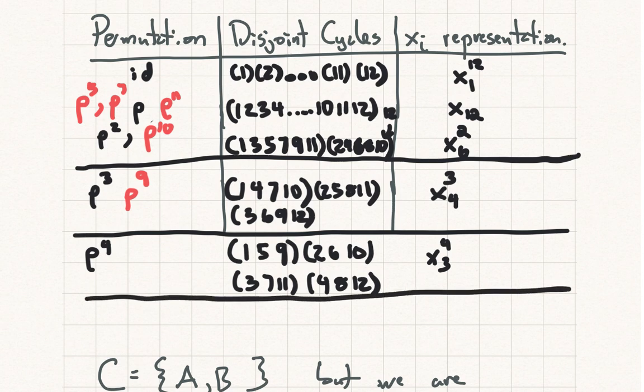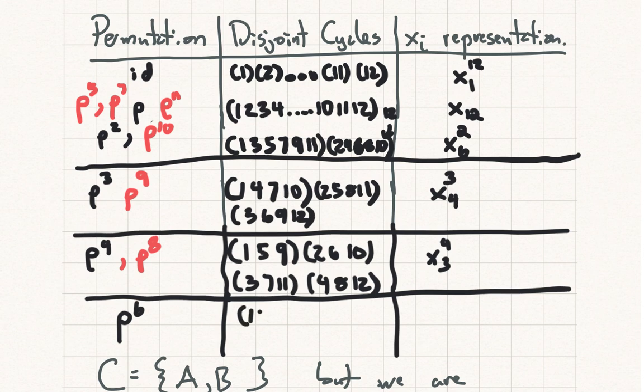And the other one that behaves like that, you can check again with similar logic to the ones above, is rho to the 8th, with x3 to the 4th. And finally, there's only one left, and that is rho to the 6th, a half turn. What's that going to do?